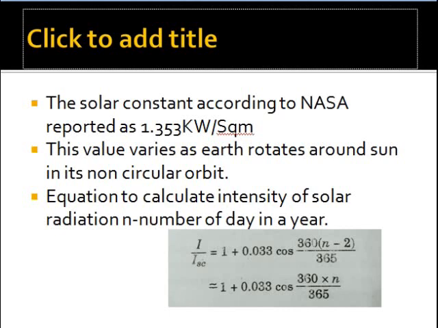It is a constant value at very particular conditions, in the sense the earth should be at exactly that much distance from the sun, say 1.5 into 10 power 8 kilometers. Then there should be a cloud free situation. Then there should be orientation, like how much inclination there is between the sun and the earth.